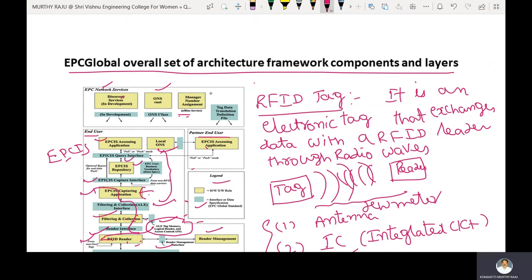Manager number assignment: managers assign numbers to the subscribers. And discovery of services: the latest services are discovered to extract the product information. And the tag data translation definition file.